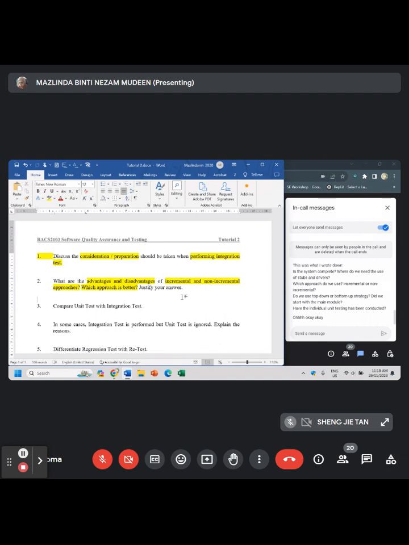Okay, what was the first one? What was the first key point, and which approach has the advantage and which one has the disadvantage?